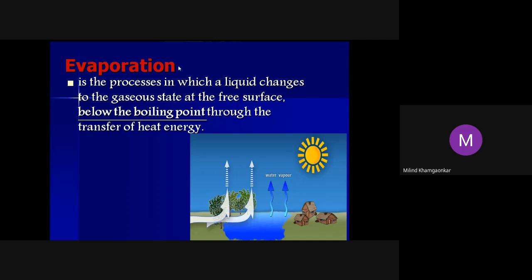But in evaporation, the water at the free surface of the water body gets converted into water vapor, maybe due to solar rays or any other reasons that we'll discuss later on. But it is always below the boiling point. But how does that occur? Through the transfer of heat energy.